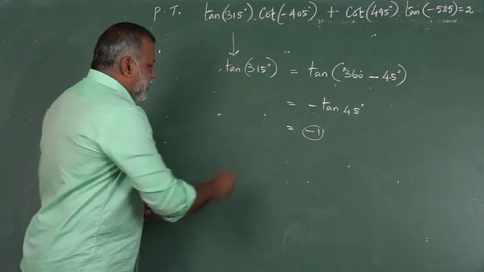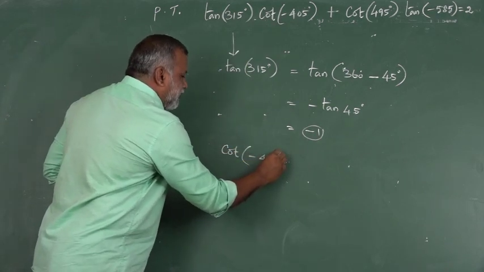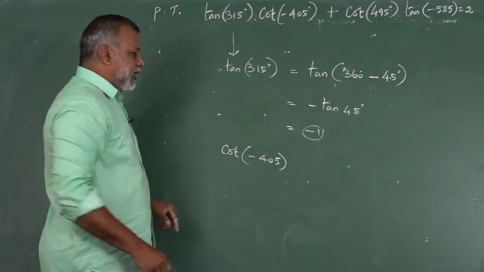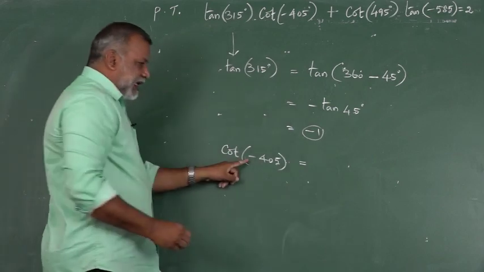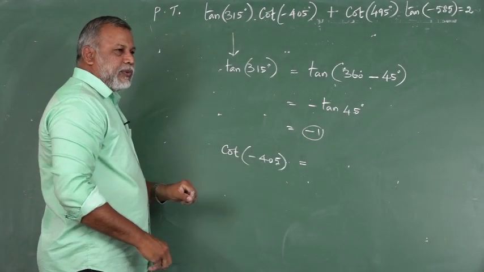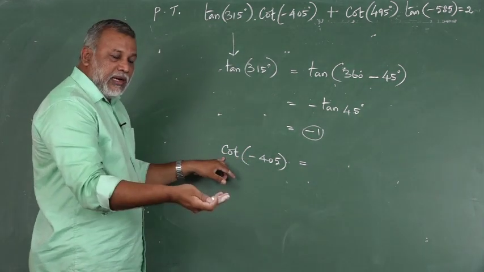In the same way, think about cot of minus 405 degrees. Now listen, here it is a negative angle. Cot emits the negative because it is an odd function.